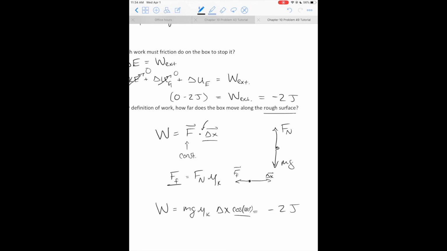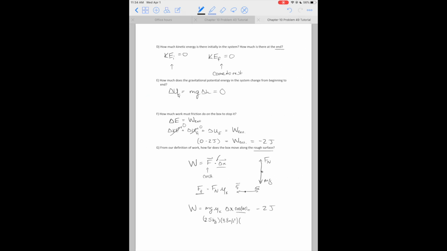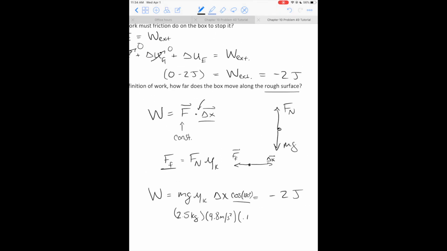So last thing, we need to plug some numbers in. I have 2.5 kilograms times 9.8 meters per second squared times, what did we say? It was 0.15 for my coefficient of kinetic friction, and then I have delta x here that I don't know. Let's throw a negative sign out here, equals negative 2 joules.